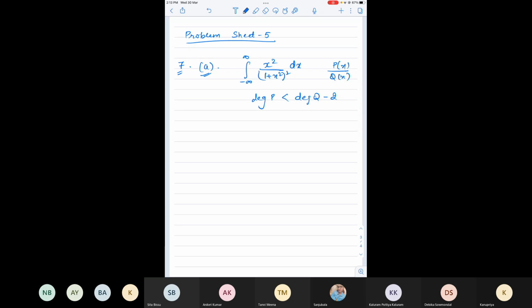Now you have done the first type integrals. This belongs to the first type. So you can just directly change it into limit terms.